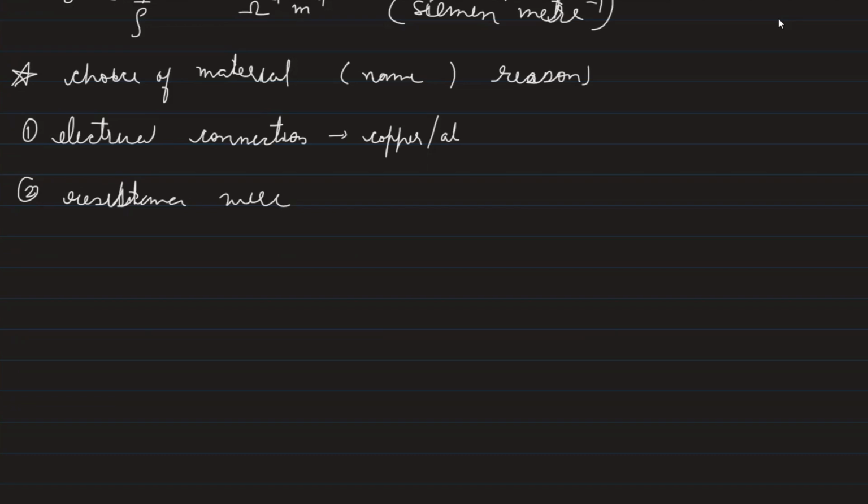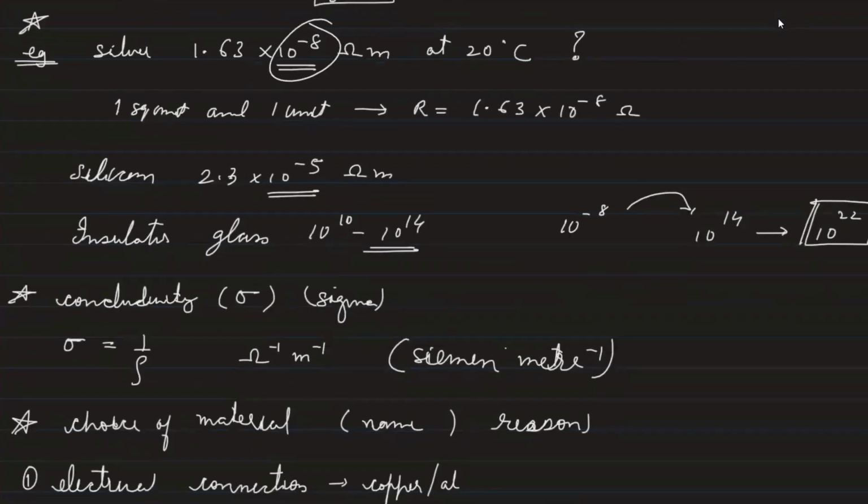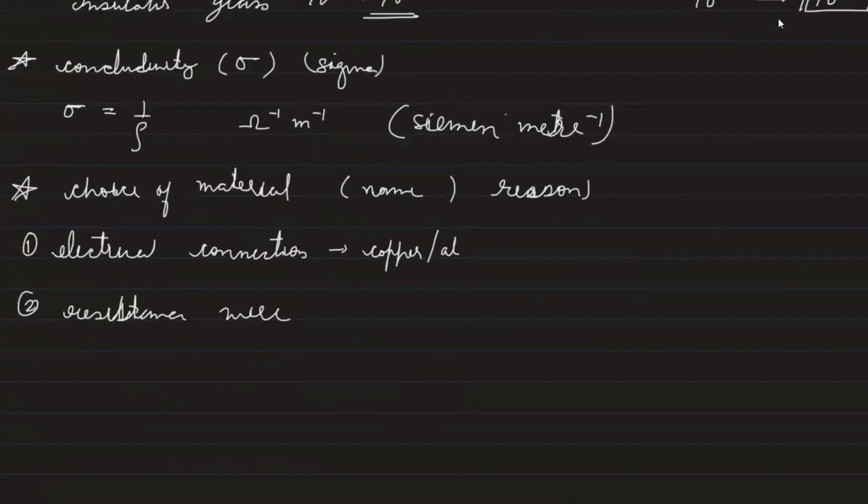Let me take you back to that table. In the table, silver has 1.63 into 10 to the power minus 8. But constantan and manganin are like 44 into 10 to the power minus 8. Silver is 1.63, so even if you take it as 2, manganin has about 22 times the resistance, and constantan also has about 25 times the resistance.